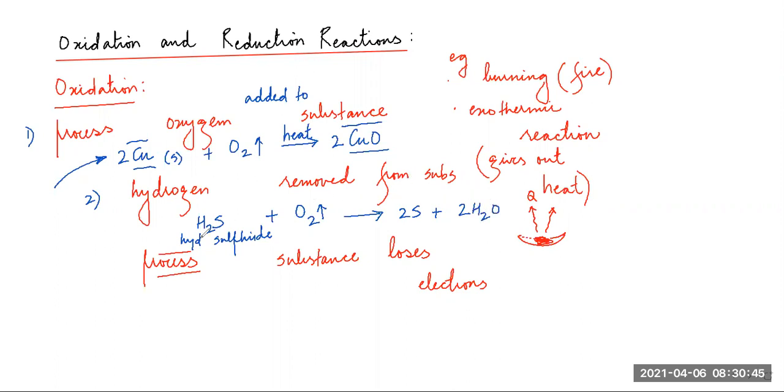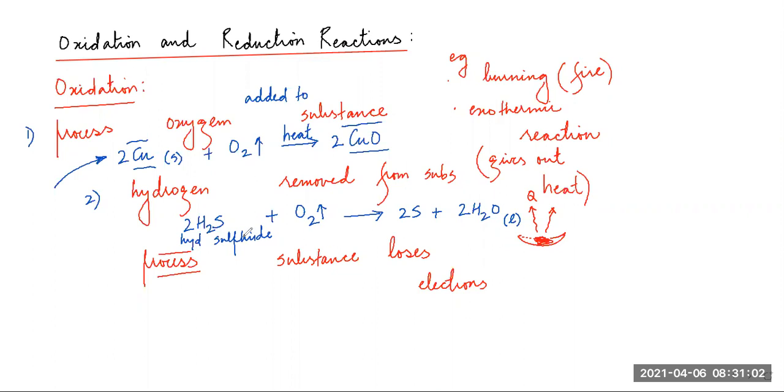Is it balanced? Now it is balanced. Here, 4 atoms of hydrogen, 4 atoms of hydrogen, 2 atoms of oxygen, 2 atoms of oxygen, 2 atoms of sulfur, 2 atoms of sulfur. It's balanced, liquid state.